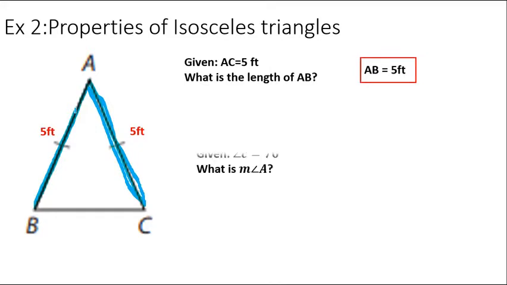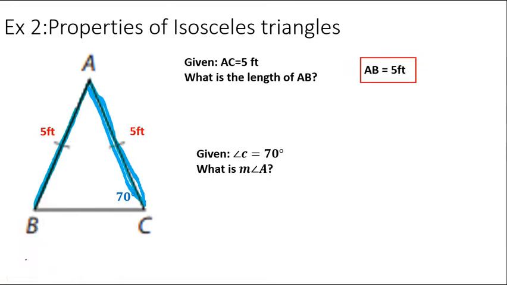Okay, another thing. They tell you that angle C is 70, and you're going to figure out the measure of angle A. Knowing that this is an isosceles triangle, let's put the value there. We know angle C is 70 degrees.